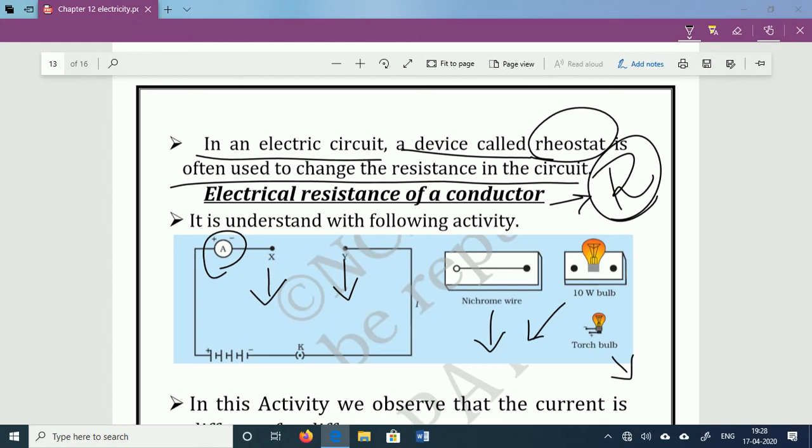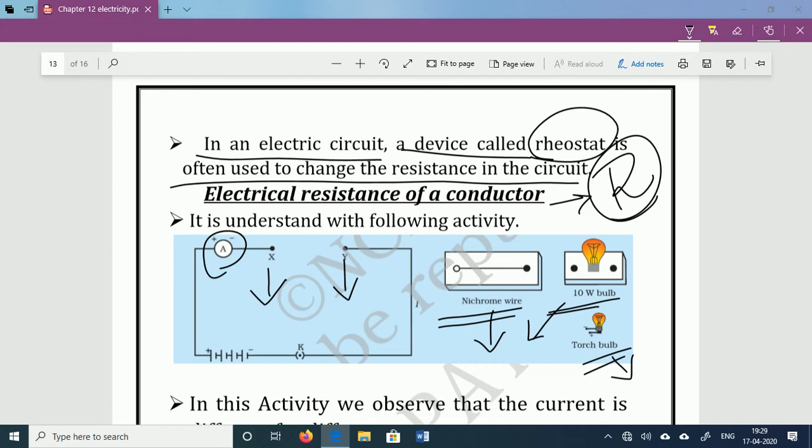So what it indicates is that when the electrons flow through the nichrome wire, the 10-volt bulb, or the torch bulb, the resistance to the flow of electrons changes. The retardation in the flow of electrons changes, and that retardation is resistance.